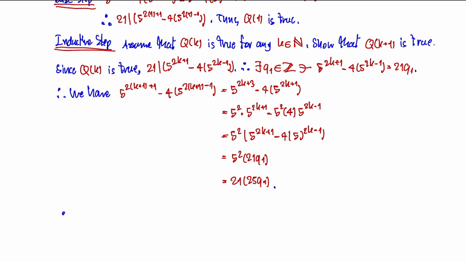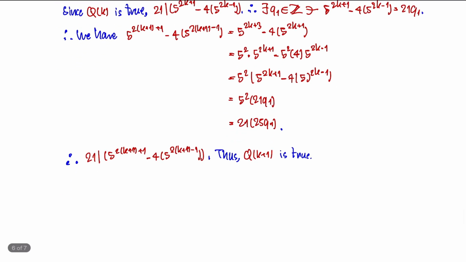Therefore, 21 divides 5 to the 2 times (k+1) plus 1 minus 4 times 5 to the 2 times (k+1) minus 1. Okay, so that's what we have, right? That means that Q(k+1) is true. So we have the inductive step already.